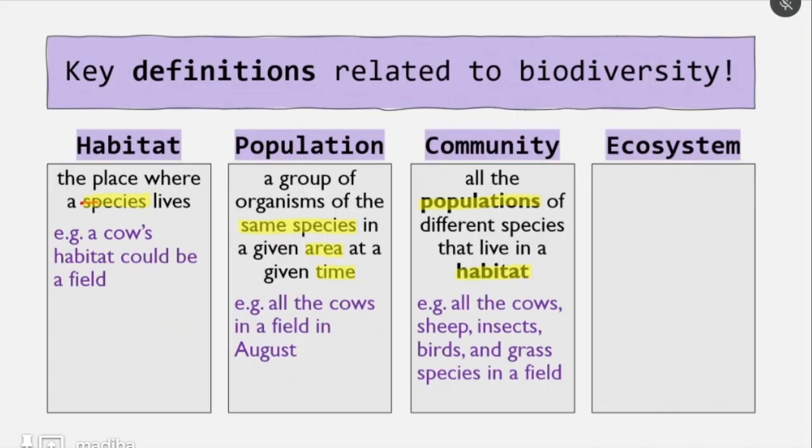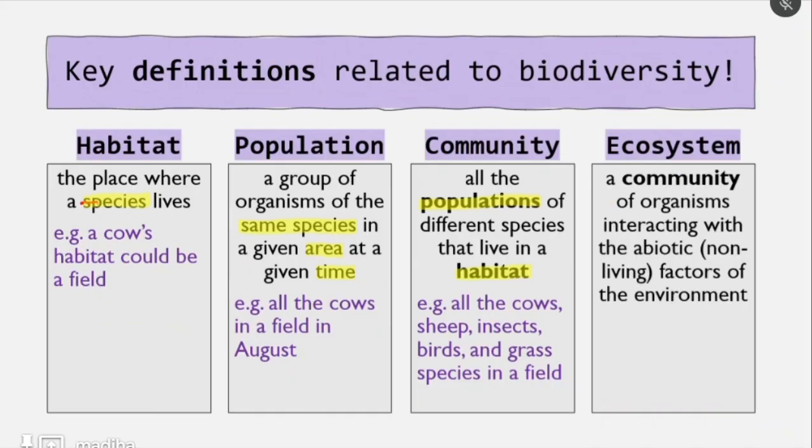And then an ecosystem is just building onto that. We've got all of the living things, so a community of organisms. Again, we're using the past definition here: a community of organisms interacting with the abiotic factors of the environment. Essentially, these are all the biotic factors. Biotic meaning they're living, so cows, sheep, insects, birds, grass are all biotic, and it's about how the biotic factors, so this community, interact with the abiotic factors.